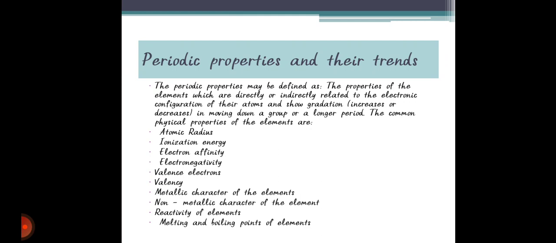Reason: as we move from left to right in a period, atomic size or atomic radius decreases while nuclear charge increases.